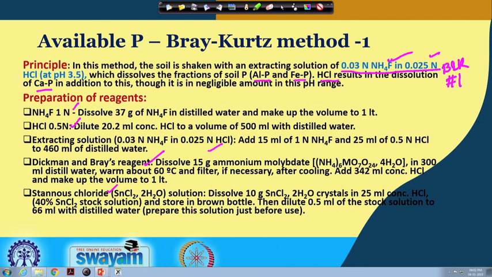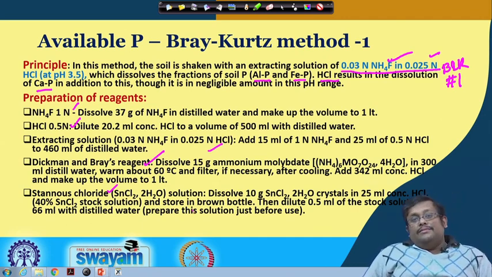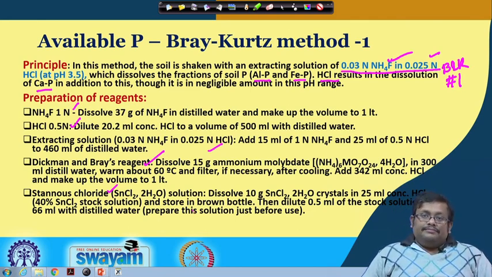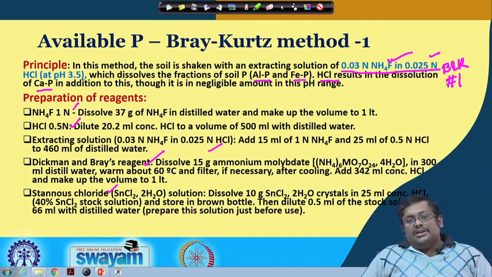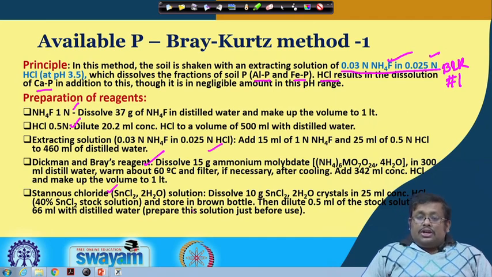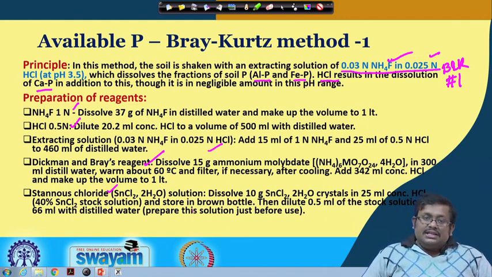Remember that in this method, when we extract the phosphate, we add this stannous chloride for development of a color. In the presence of phosphorus, there will be development of blue color, and the intensity of the blue color will increase based on the concentration of phosphorus present. The concentration of phosphorus will finally be measured through spectrophotometry or colorimetry, and we will discuss that later on.